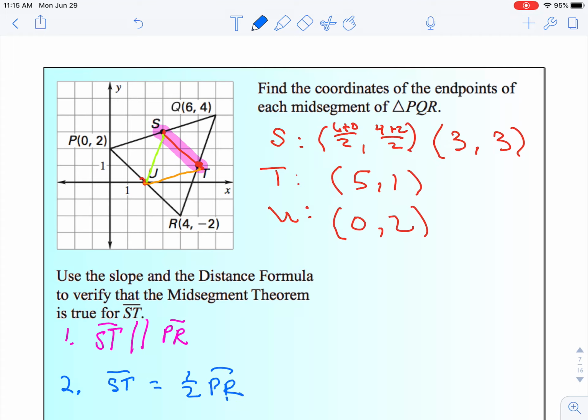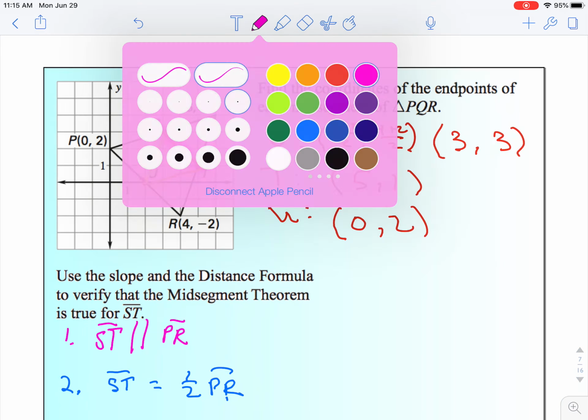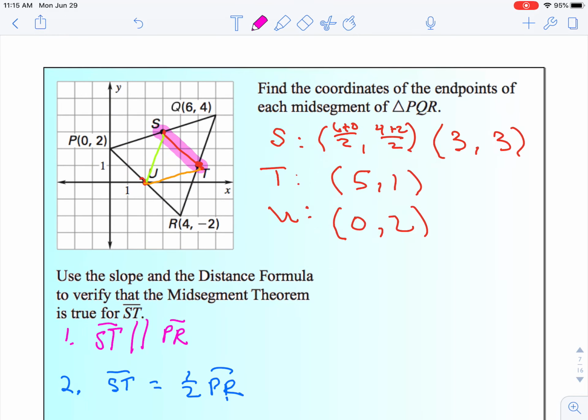So again, what we're going to have to do for that is we are going to have to find those pieces. So let's go back and let's verify the parallel lines, which means we're going to find the slope of ST and we are going to find the slope of PR.